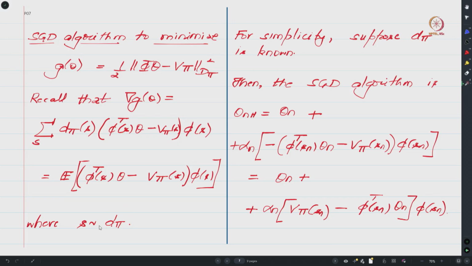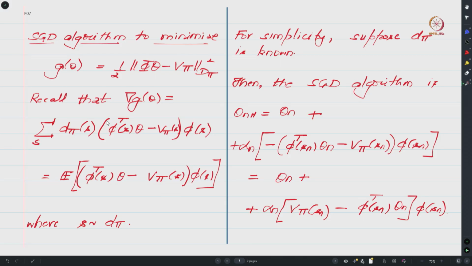Since this is an expectation, we can use a sample of this quantity as a stochastic noisy estimate of the gradient at theta, and use this fact to come up with a stochastic gradient descent algorithm.